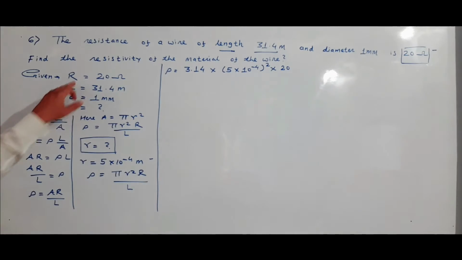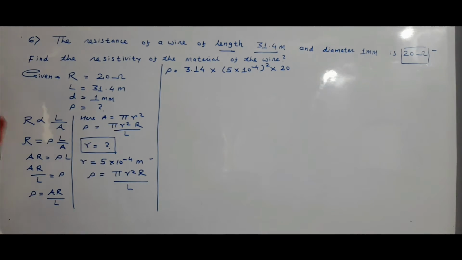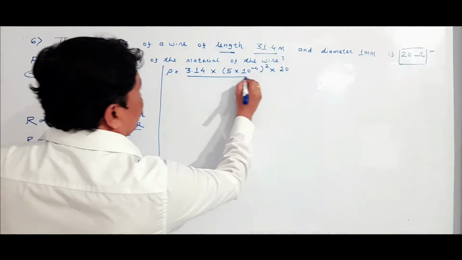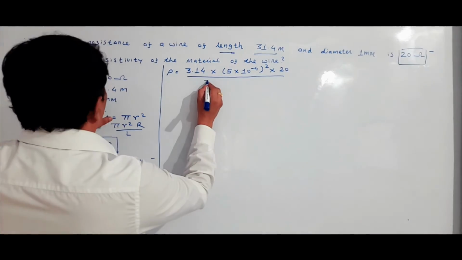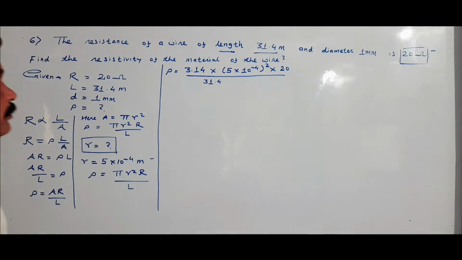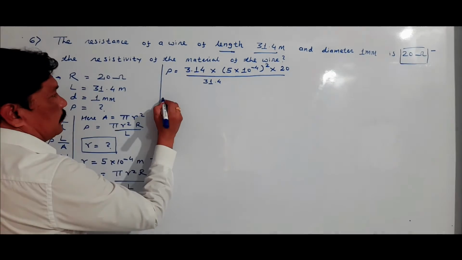So you will write here 20 divided by length, and length is what? 31.4. First we will try to remove the bracket.